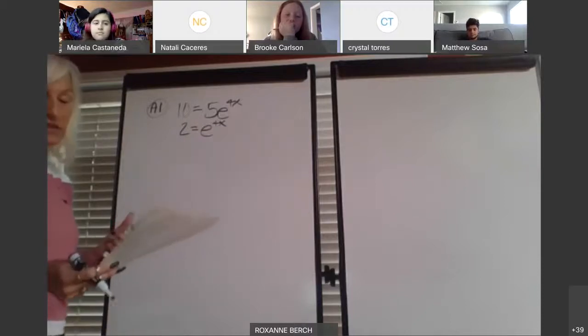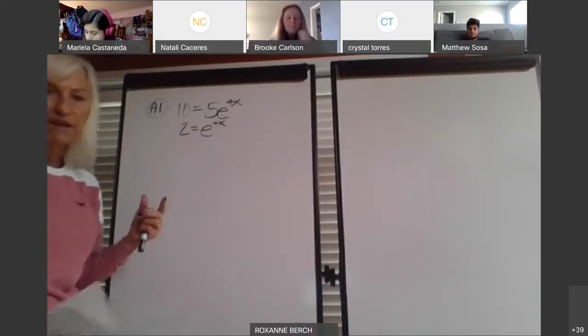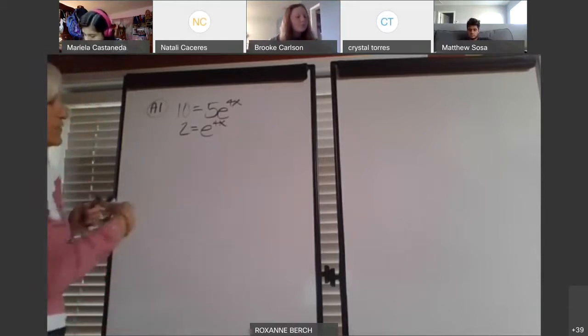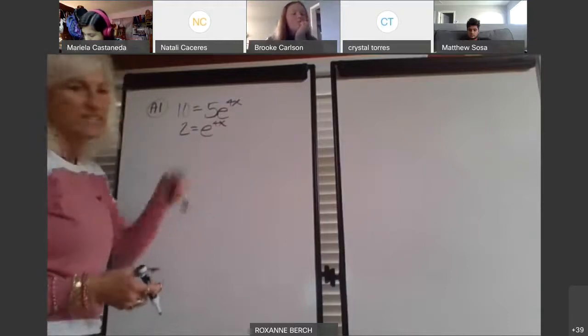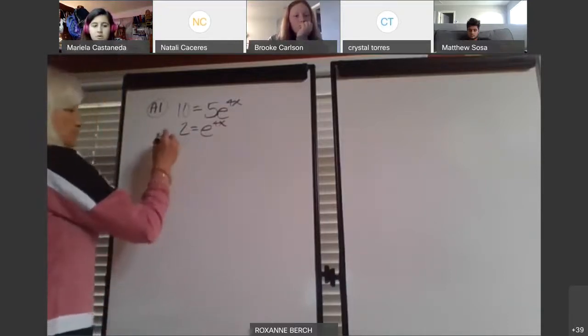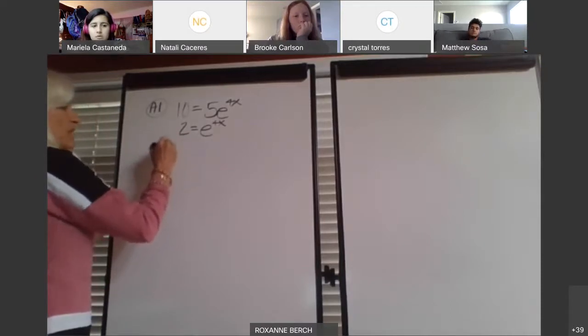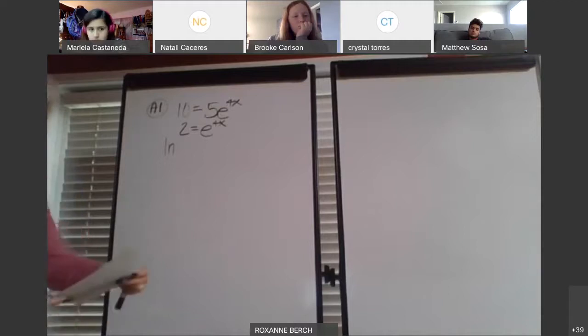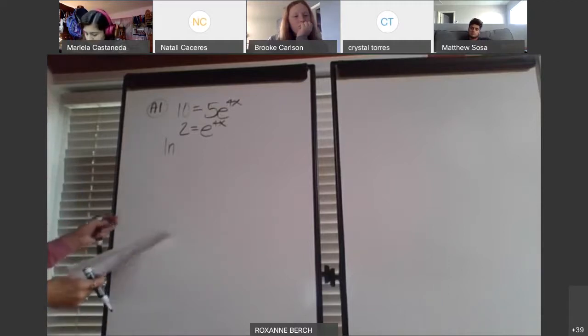We can use the definition of the logarithm. In other words, we can write a logarithm, and since we're dealing with e, I'm going to write a natural logarithm. So log base, what would the base be? It's the base of the exponent, right?